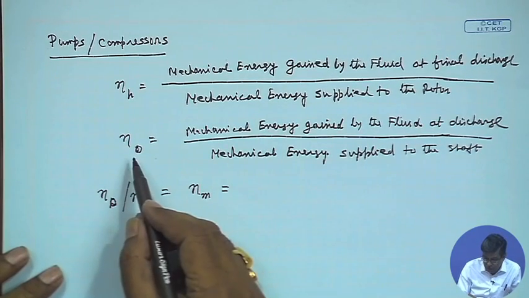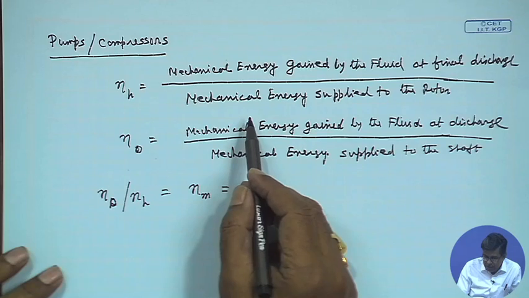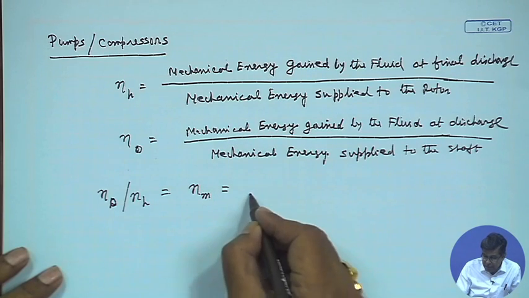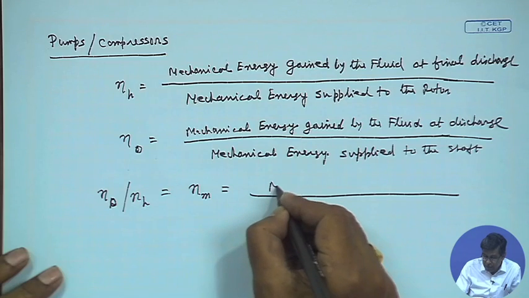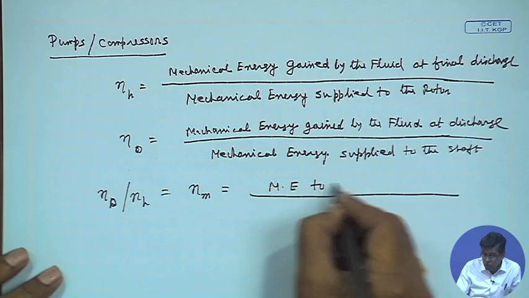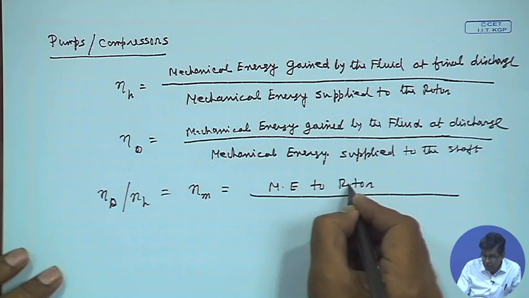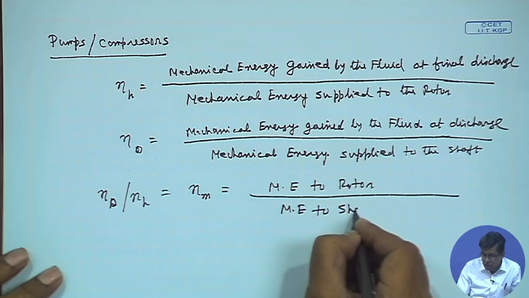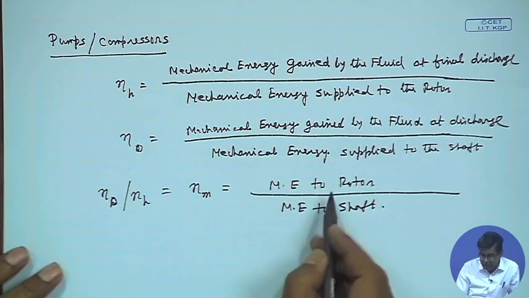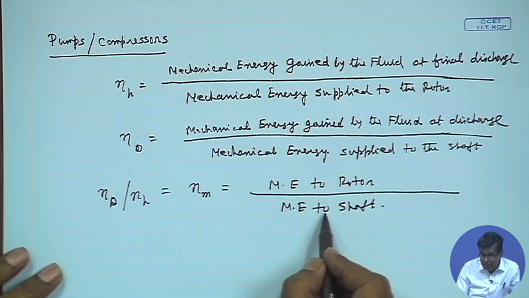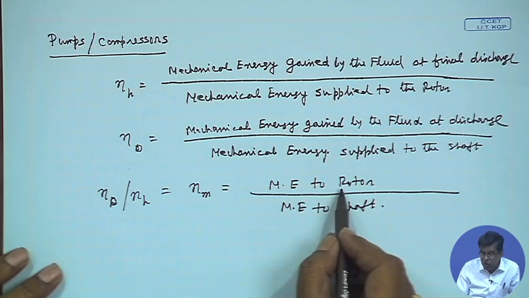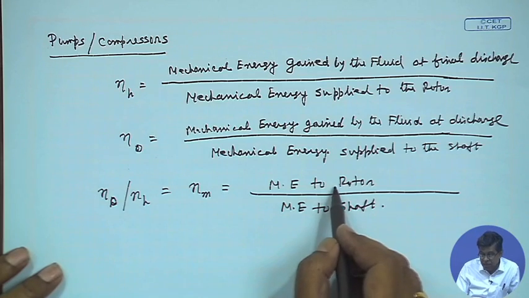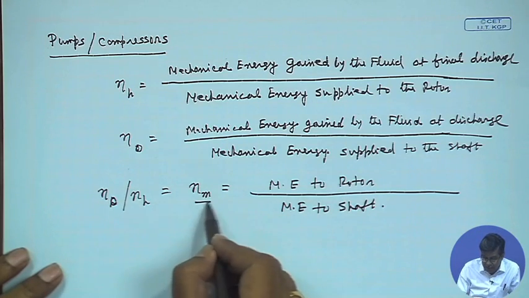It is the mechanical energy supplied to the rotor divided by the mechanical energy supplied to the shaft. This is always less than 1, because the energy supplied to the shaft does not all go to the rotor, because of the friction in elements such as glands, bearings and couplings. So the rotor receives less energy. So, this is the mechanical efficiency.